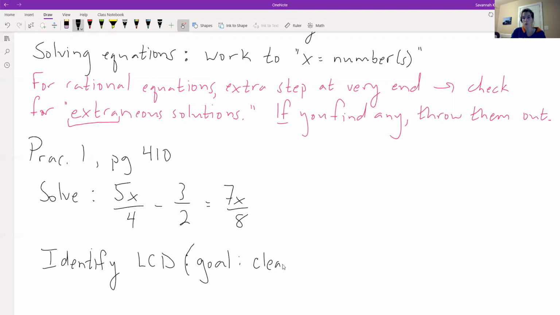We're going to clear the fractions first. This is one of those times when we revert back to that process. If there's any fractions, we want to get rid of them. And in the world of rational things, there's always going to be a fraction, because that's by definition what something rational is. Okay. So we want to clear the fractions first.